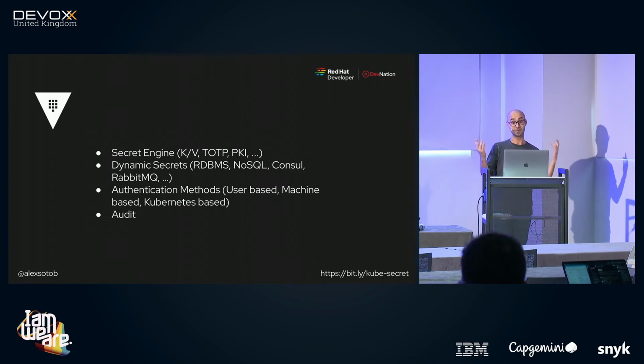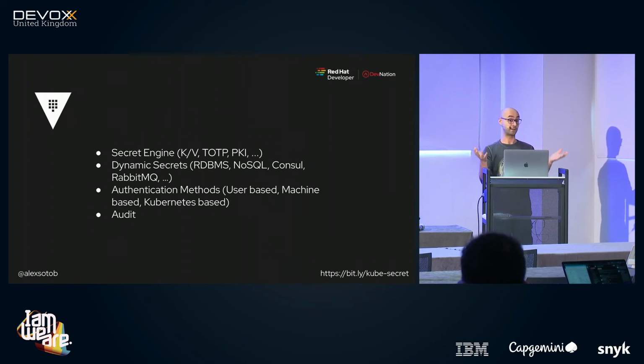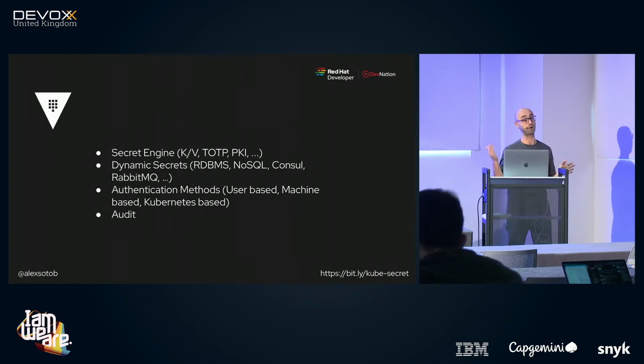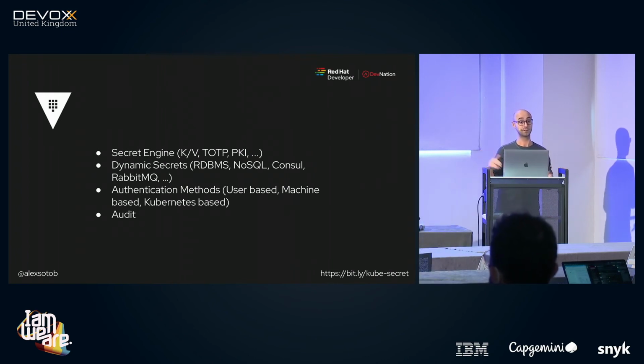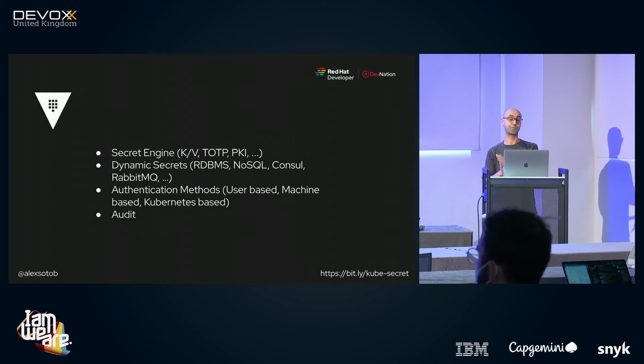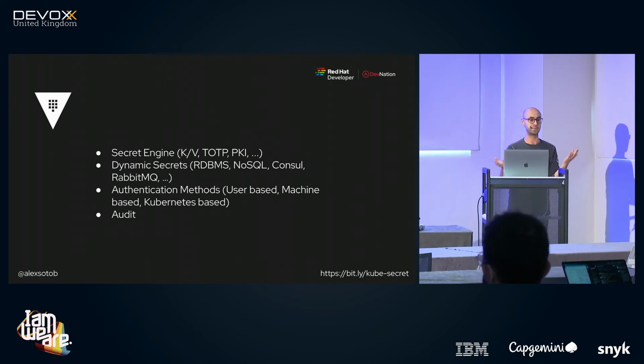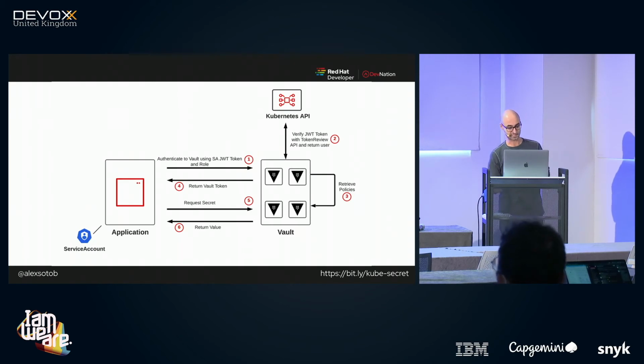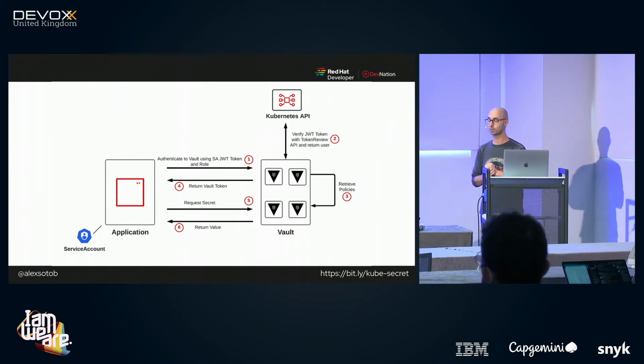So then, you know that from 8 a.m. to 9 p.m., any access is perfectly fine. Your application will be able to get secrets from there. But after that point, any access will raise an alert. This is just an example of things that you can do, but it's a really powerful auditing system to detect any unwanted access. So as I said before, this is how the Kubernetes authentication method works.